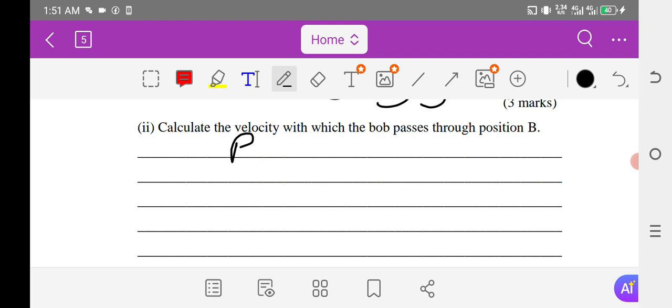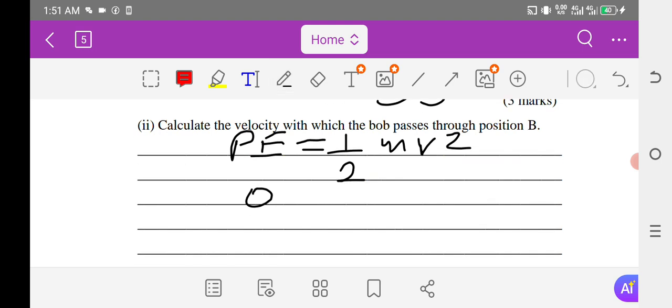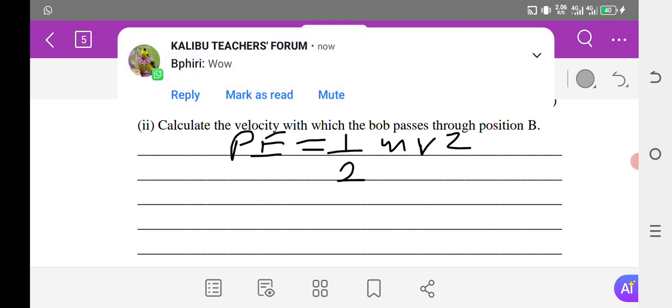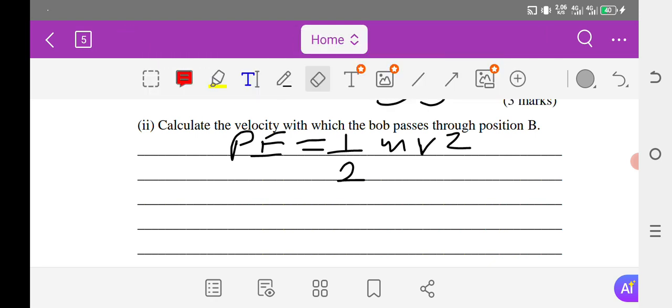Half mv squared is the formula for calculating kinetic energy. And we just calculated the potential energy, which is 0.5.